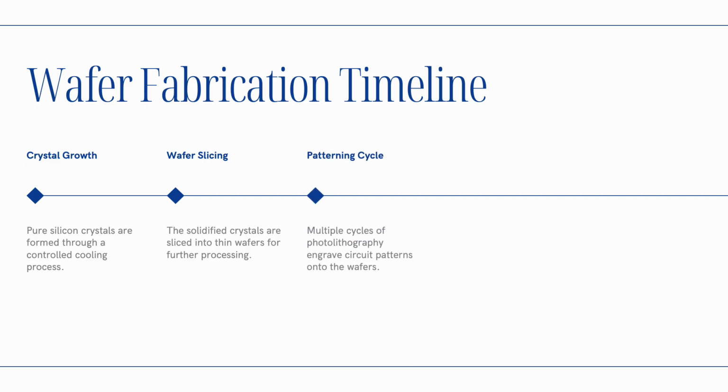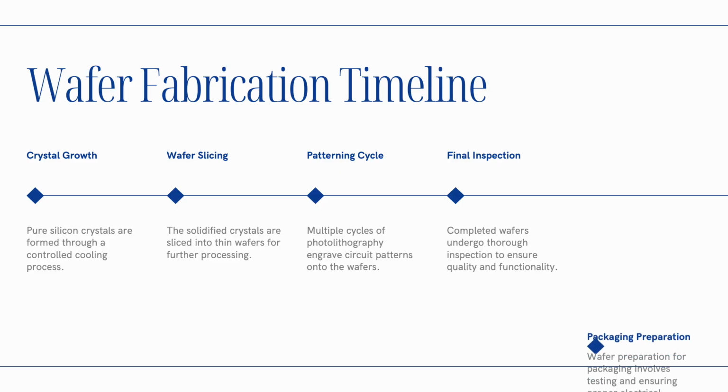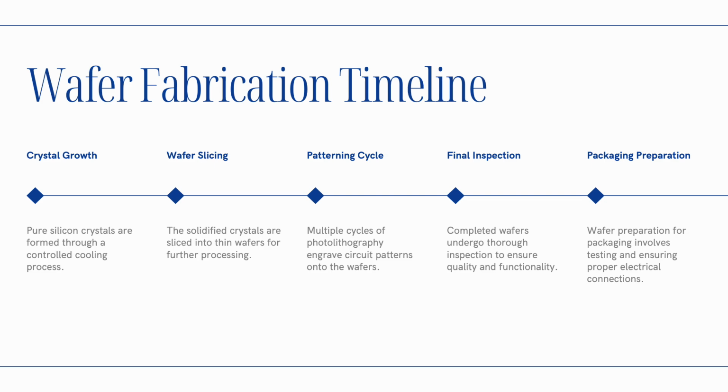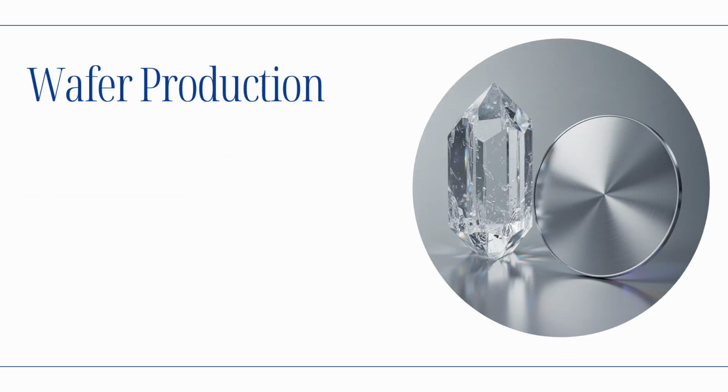Then several patterning cycles including litho, etch, and deposition are performed, and then the completed wafers are inspected to ensure quality and functionality. After that, the chips are prepared for packaging, which involves testing, ensuring proper electrical connections and reliability. Now, let us go over each of these process steps one by one.